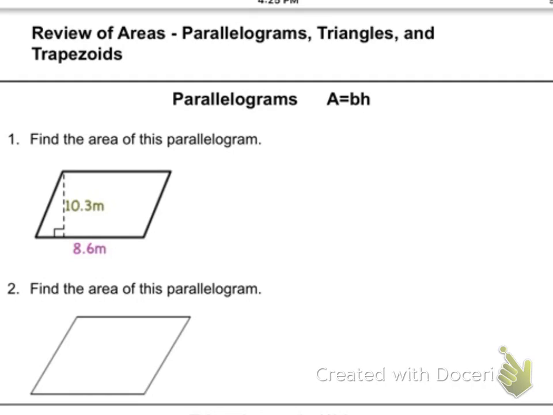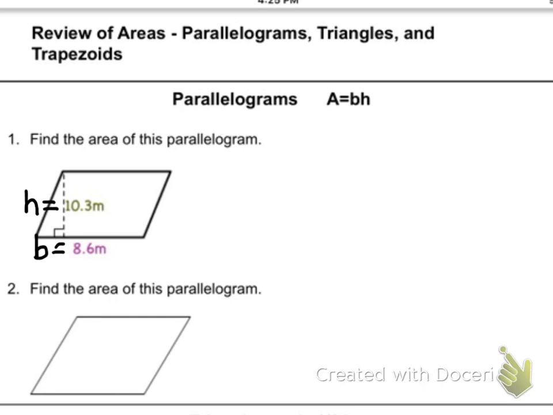To find the area of the parallelogram in number 1, we'll find the base. That's equal to 8.6 meters, and the height, which is equal to 10.3 meters.